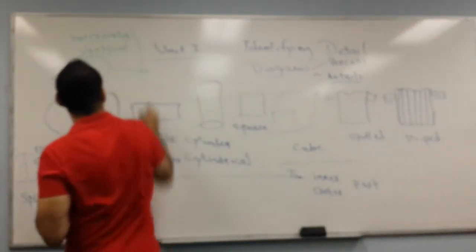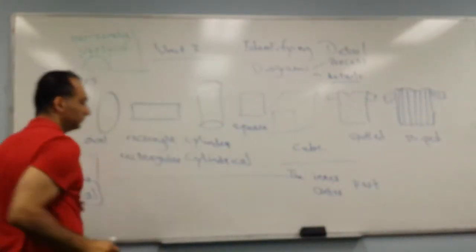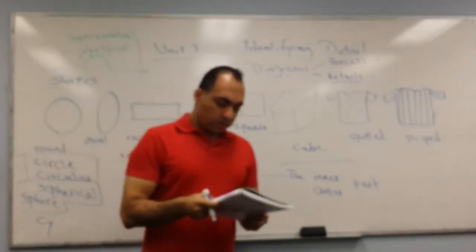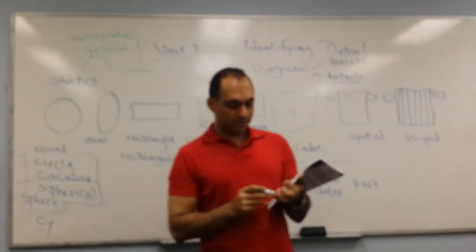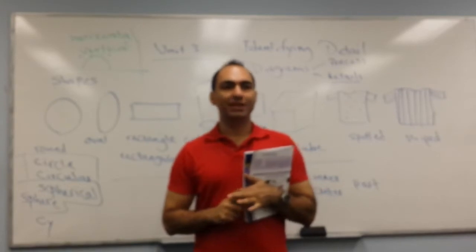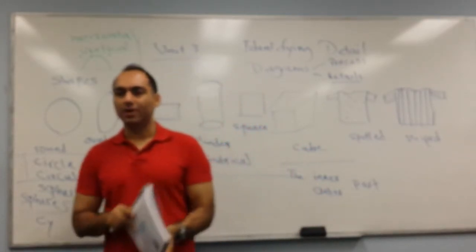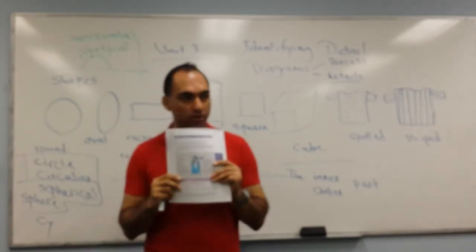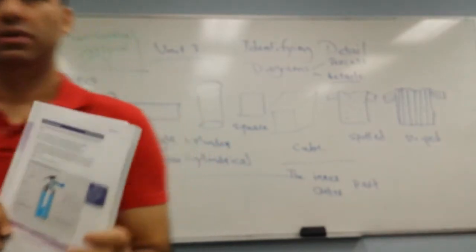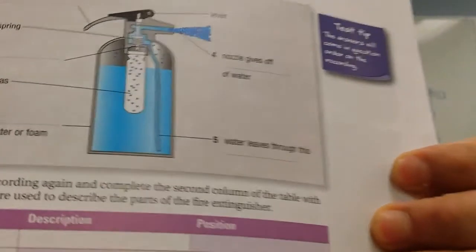So, why do we need this stuff? Because that's what you will hear. If you're listening to the recording about, for example, the fire extinguisher, what am I going to hear? When I look at this, what should I guess?